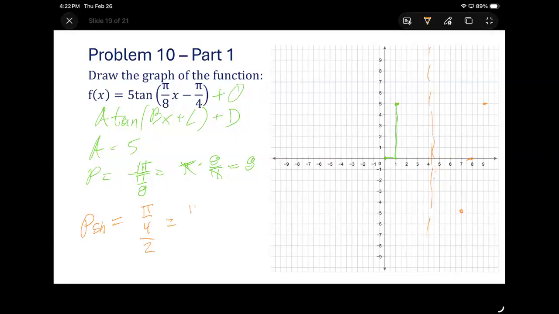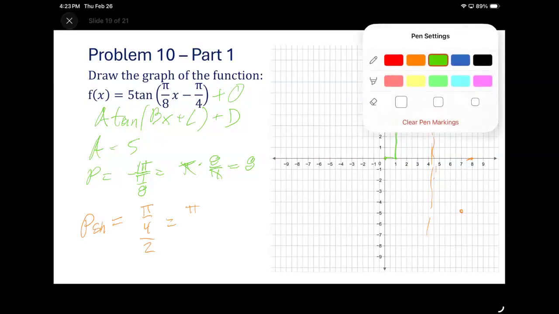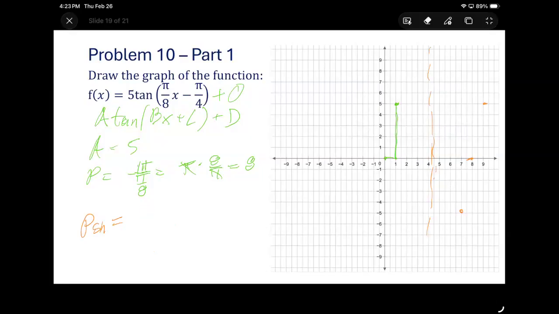Well, it would be pi fourths over pi eighths, which is 2. So our starting point would be 2.